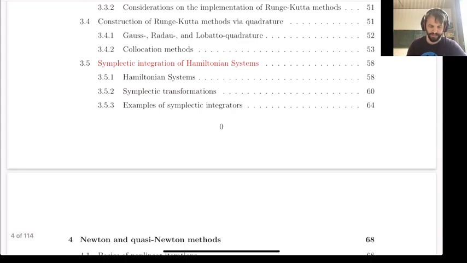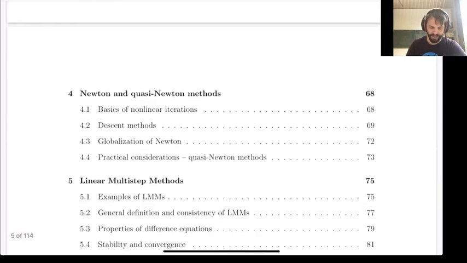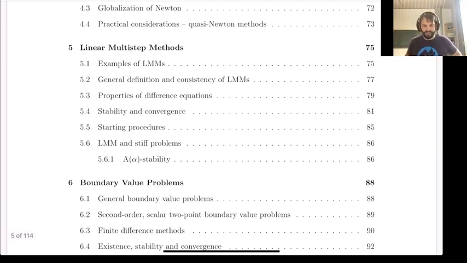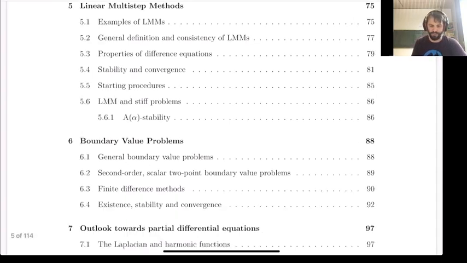We've done the Newton chapter, and we are essentially going to finish the linear multi-step methods chapter by the video on Thursday. Then I'm going to focus for the rest of this lecture on boundary value problems and section 6.1. This is part of finite differences, so I'll probably rename this 6.3.1, and I will add two chapters, section 6.4, on finite elements.